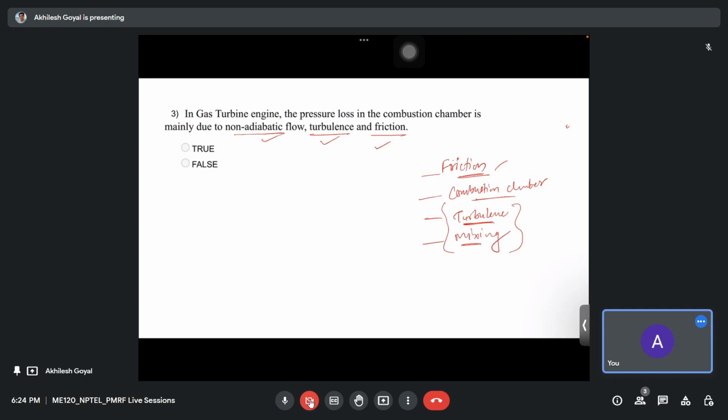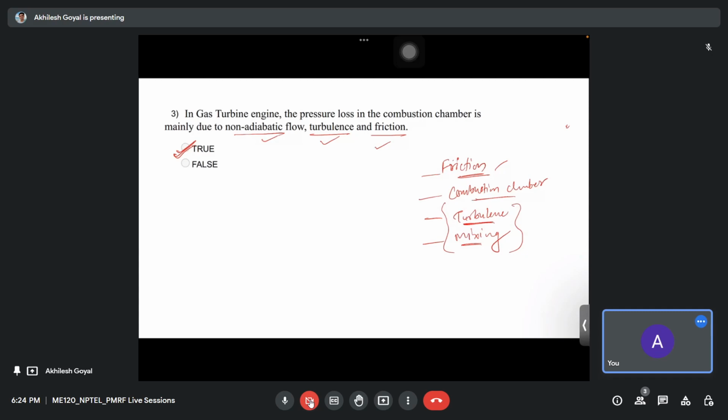So all those three parameters are true for the pressure loss in the case of a combustion chamber. Okay, in the case of gas turbines and combustion chambers. This is true in the case of a gas turbine engine. The pressure loss happens in the combustion chamber, and the reasons for this pressure loss are non-adiabatic flow, turbulence, friction, and mixing.